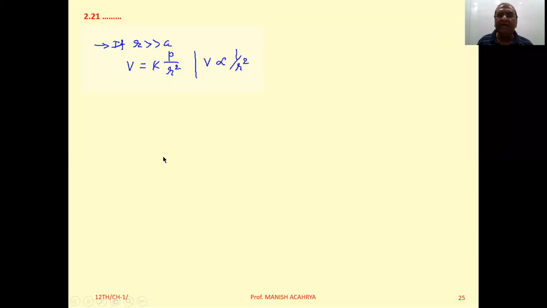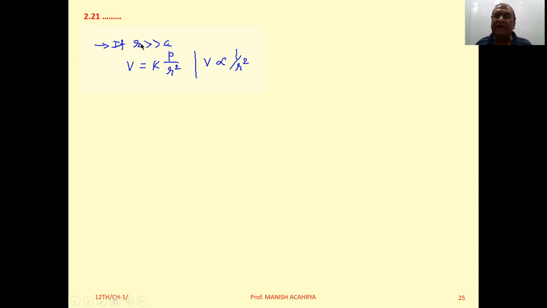Now see, we derived the equation for the potential, that is kp upon z square minus a square. Suppose that distance z we denote by r, then we can write the equation of potential as kp upon r square minus a square.